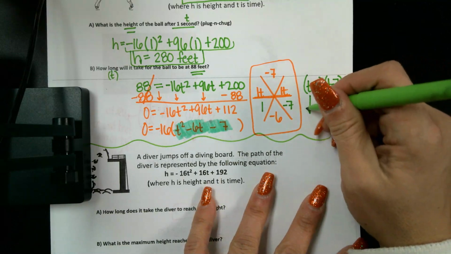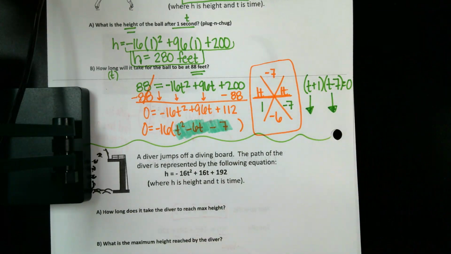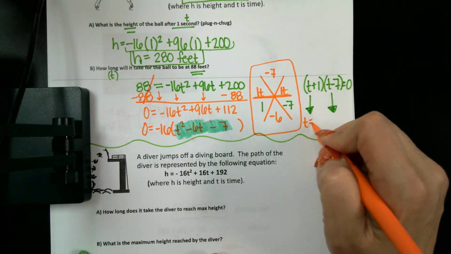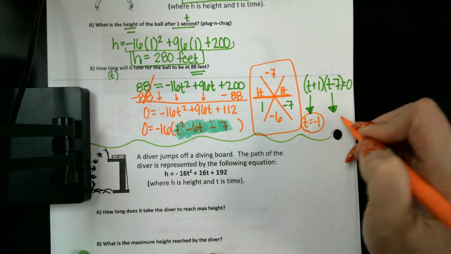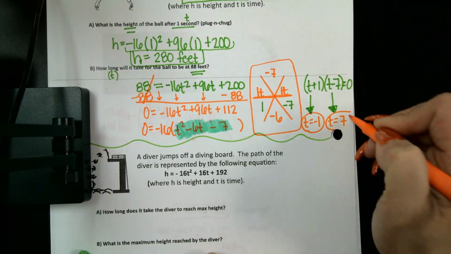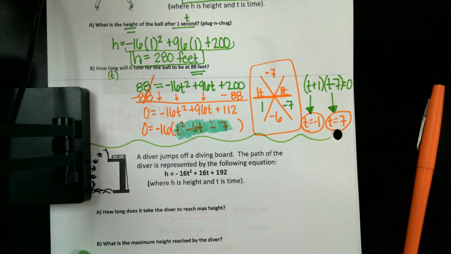Can you guys go to your two answers from there? Yep. So this t would be negative 1, and this t would be positive 7. This is the point where you would normally separate them and set each one equal to 0.